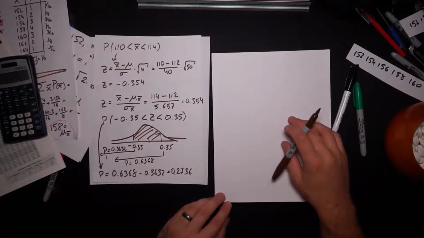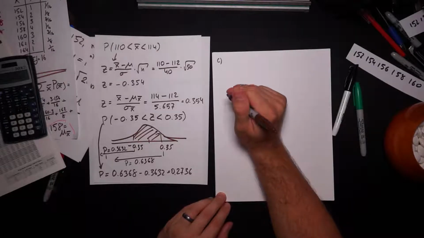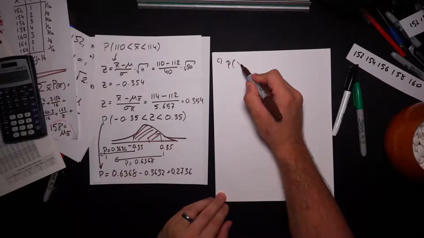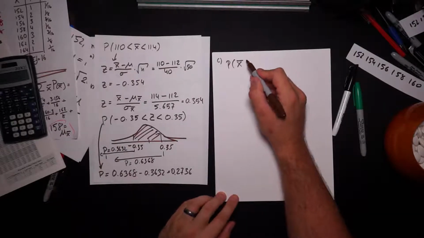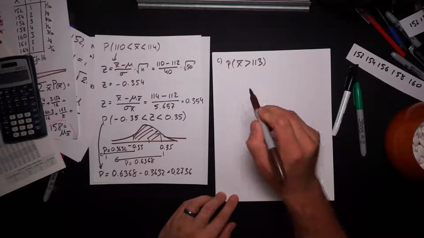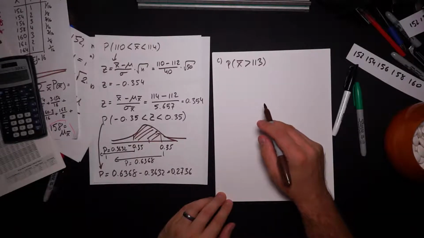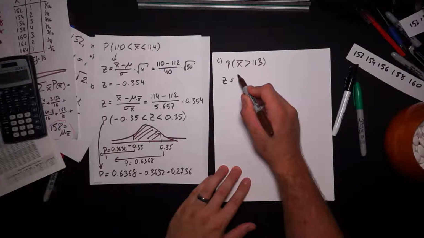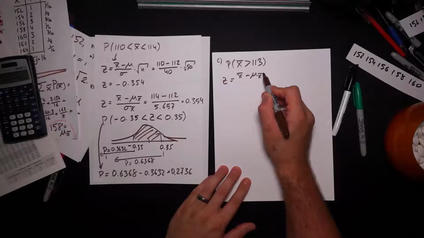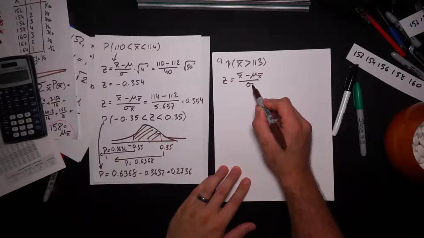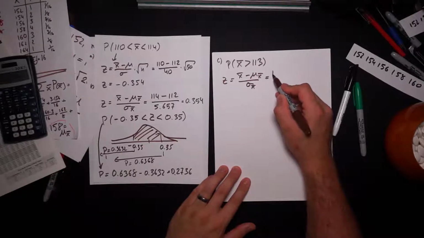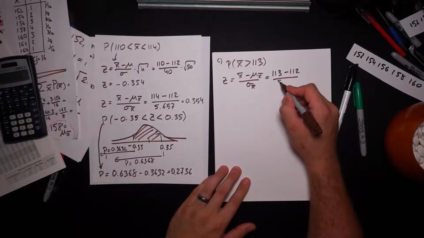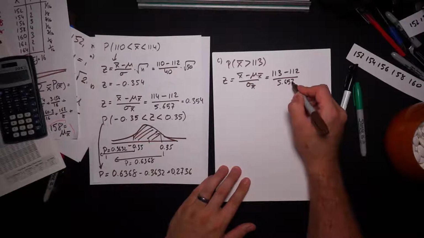And then we're going to solve the second one. The probability that X bar is greater than 113. Okay, well, let's find the z-score for that. So let's use this formula maybe. 113 minus 112 divided by 5.657.